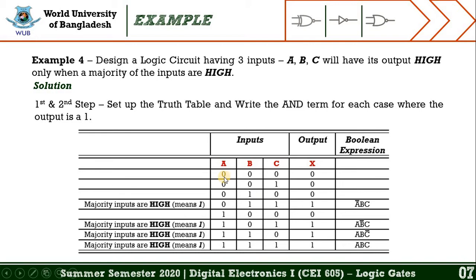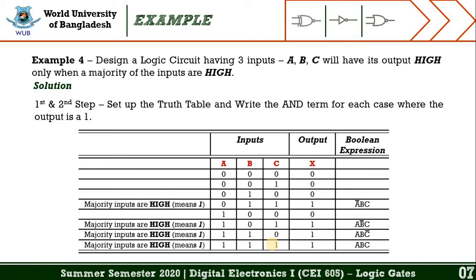Since the number of inputs is 3, we can write 000, 001, 010, 011, 100, 101, 110 and 111.